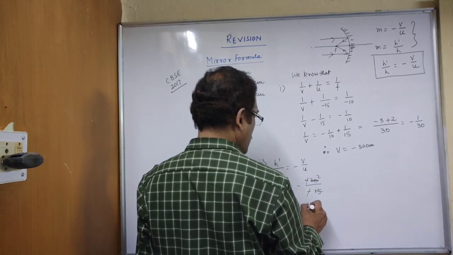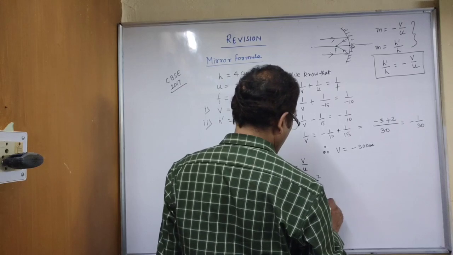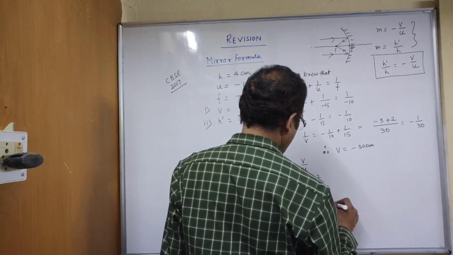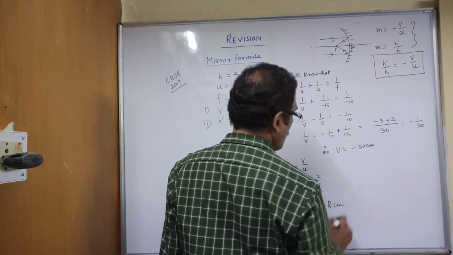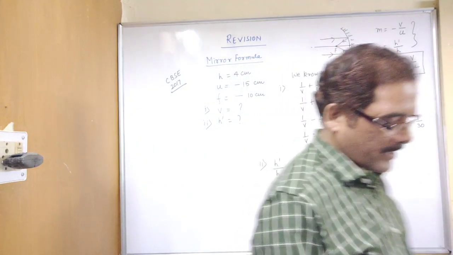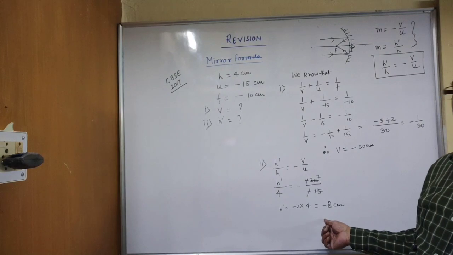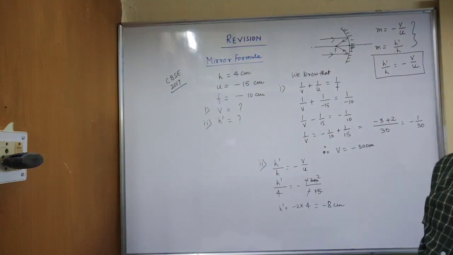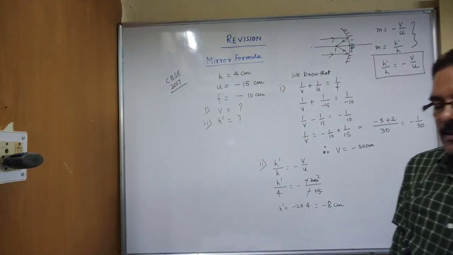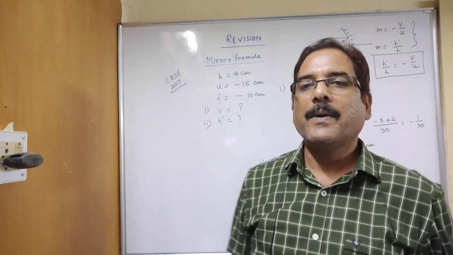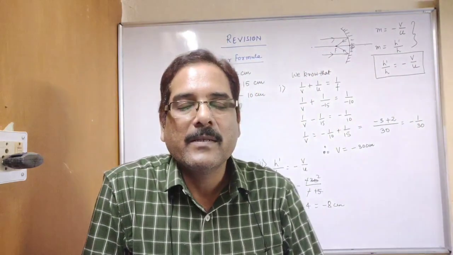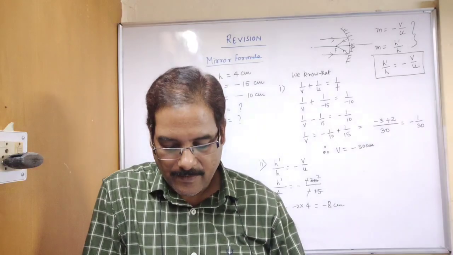Cross multiplication, minus 2 into 4, it will be minus 8 centimeter. If there is a minus sign, it means the image is below the principal axis, and below the principal axis means the image is real and inverted.